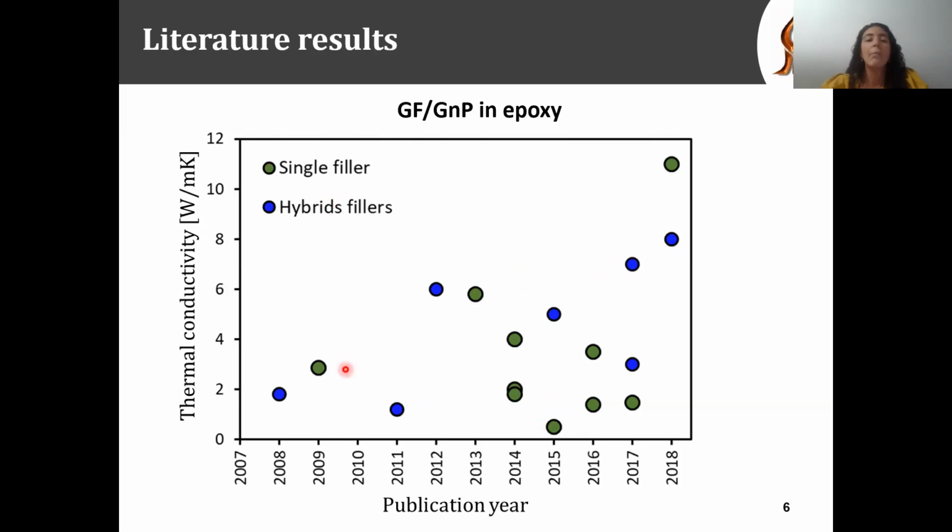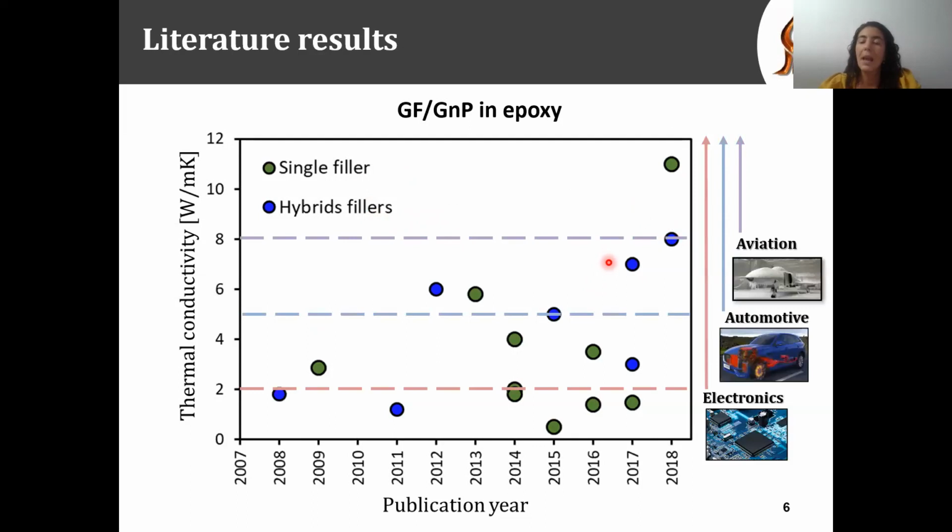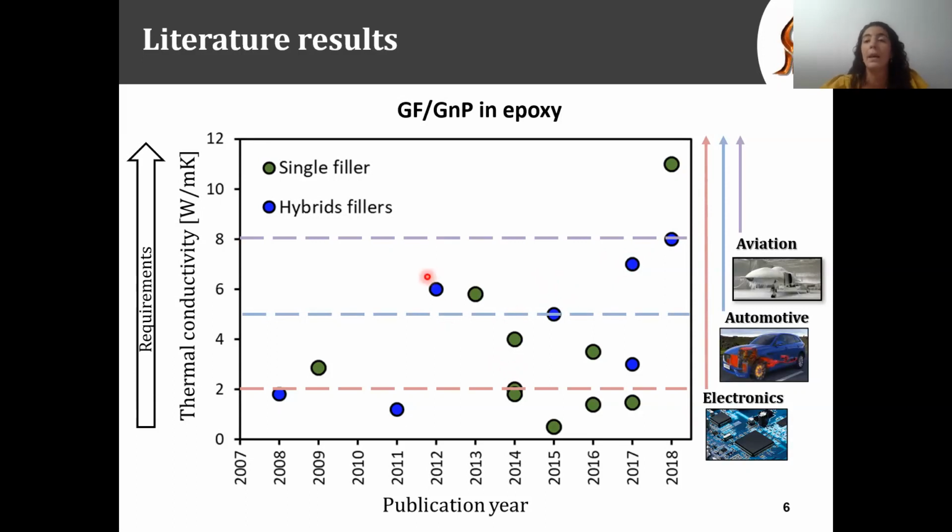We can see that most of the TC results are below 5 watt per meter Kelvin, while currently the highest thermal conductivity values are 11 and 8 watt per meter Kelvin for the single and hybrid filler respectively, which is fine. But if you compare that result to the industry requirement, each industry has its own minimum TC requirement that even increases with the multiplicity and complexity of their tasks.